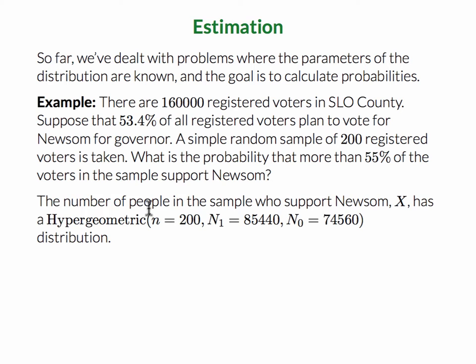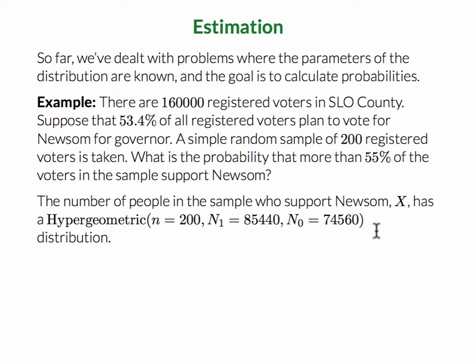So you could solve this by noting that the number of people in the sample who support Newsom, X, has a hypergeometric distribution because we're sampling without replacement, and we're polling 200 people from a population with 85,440 Newsom supporters. That's just 53.4% of 160,000, and 74,560 non-Newsom supporters.